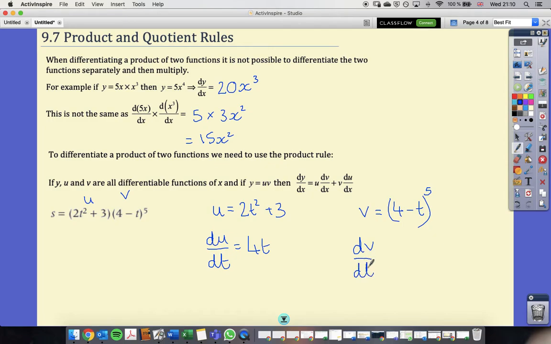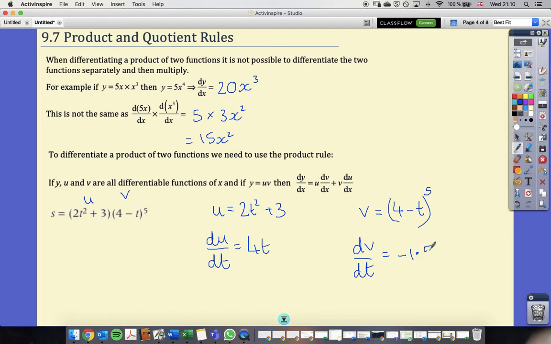I'm going to do it using the chain rule. We talked last lesson about that shortcut where we think about multiplying the derivative of the inside function by the derivative of the outside function. So the derivative of the inside is -1. And I'm going to multiply it by the derivative of the outside function, which is raising to the power of 5.